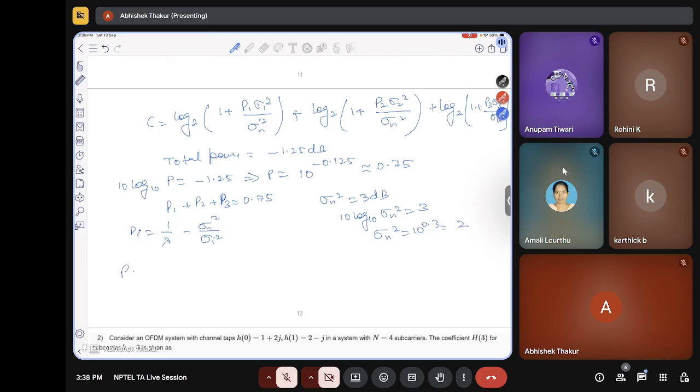So our P1 plus P2 plus P3 we can write as 1 by lambda minus 2 by 52, plus 1 by lambda minus 2 by the square of the square root of 13, that is 13, plus 1 by lambda minus 2 by 4. And this value is P total, which is given as 0.75.